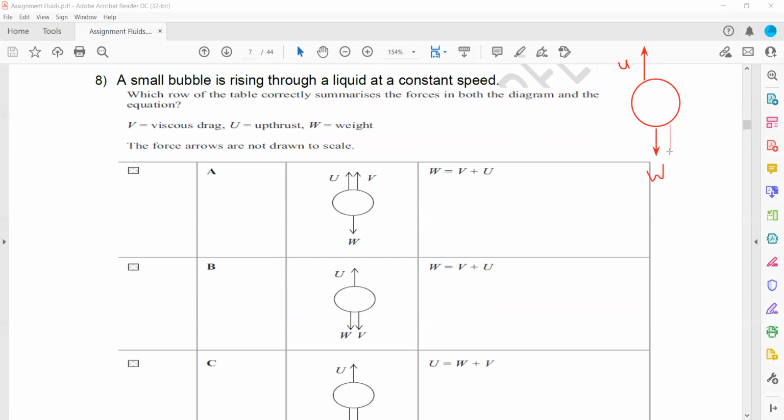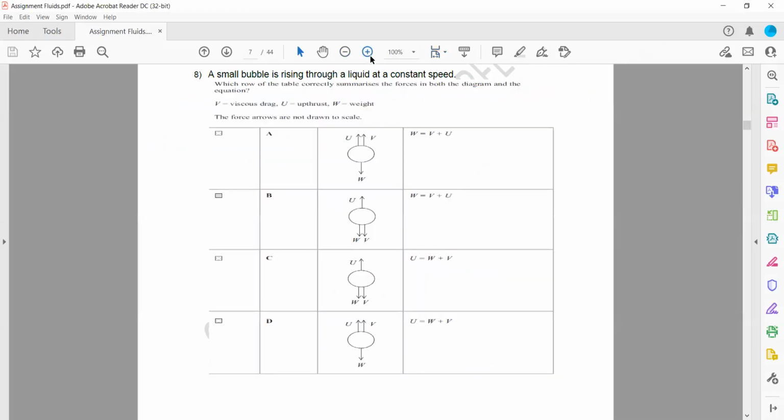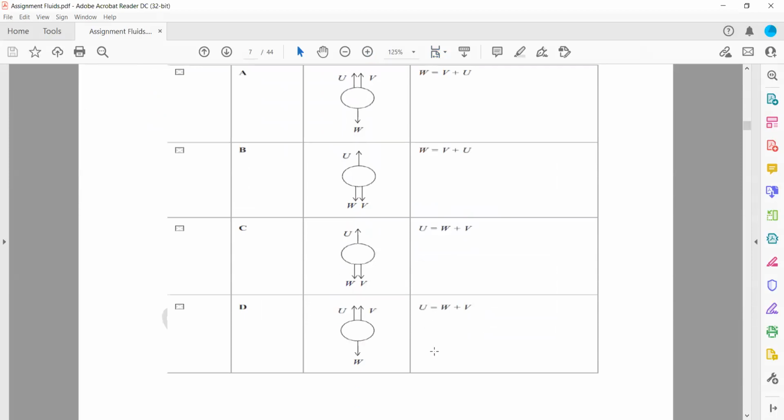If it is moving up, the viscous drag always opposes the motion, so in this example the drag force or viscous drag will act downward. So the drag force and weight act down and upthrust acts up, and weight plus viscous drag, because they are in the same direction, should be balanced with the upthrust. So the right option is upthrust equals weight plus viscous drag, so C will be the right answer.